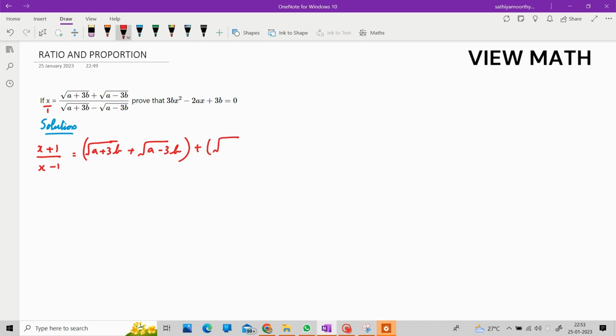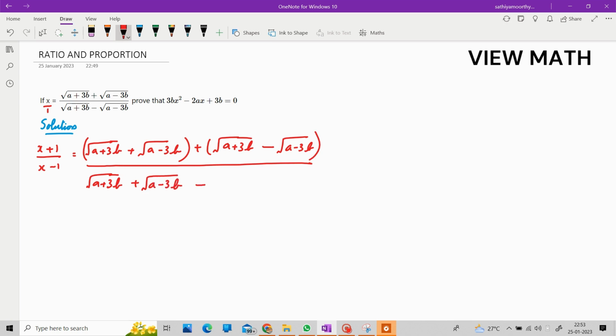Square root of denominator a plus 3b minus square root of a minus 3b divided by square root of a plus 3b plus square root of a minus 3b, minus, let me put inside the bracket, minus again bracket denominator value a plus 3b minus square root of a minus 3b. So I have applied componendo and dividendo property.